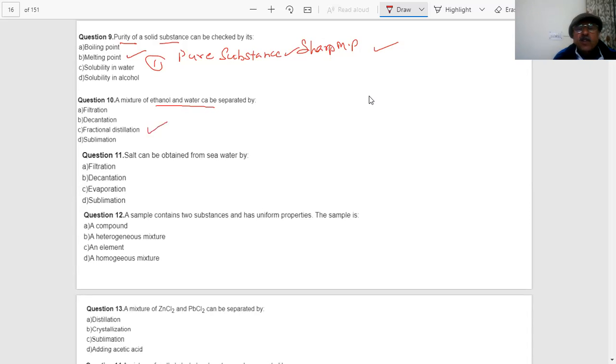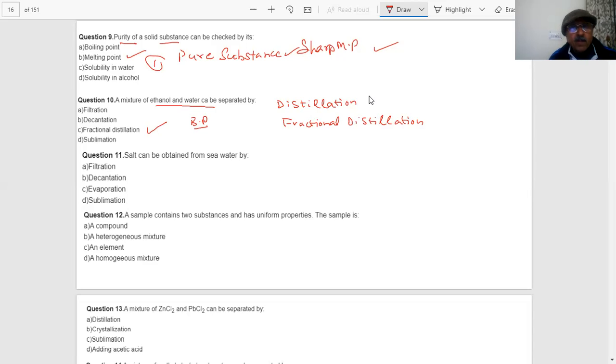Okay, that is the correct answer. One is distillation and the other is fractional distillation. We have told you, when the boiling point difference is smaller, then what do you use? Fractional distillation. When the boiling point difference is large, student, then you will use distillation.